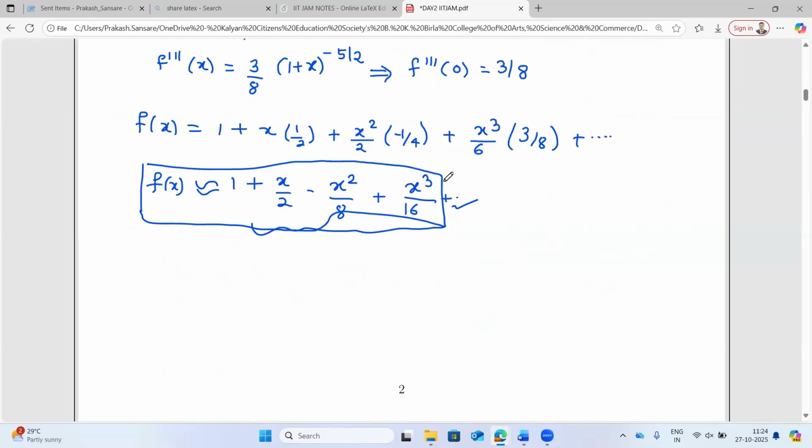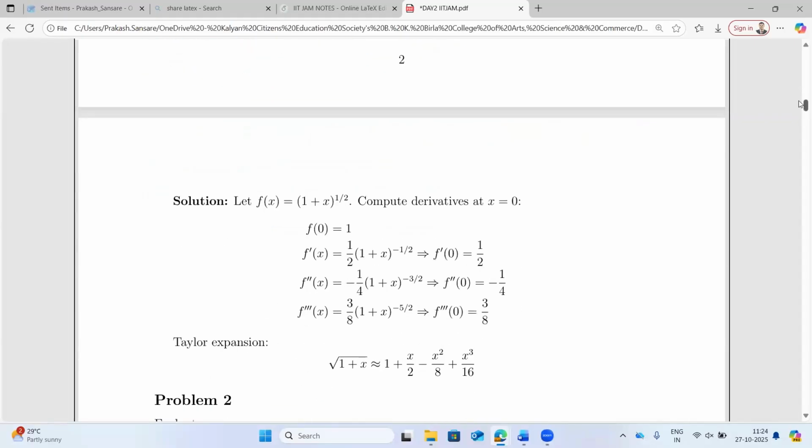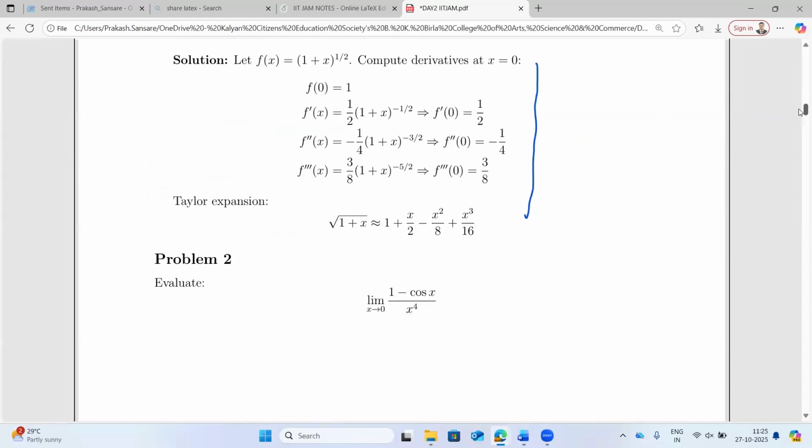Maybe we are interested only up to third degree, hence I have truncated the Taylor series at degree 3. Is this okay? Yes, sir. Here is a detailed solution I have written in LaTeX, so you can get it.